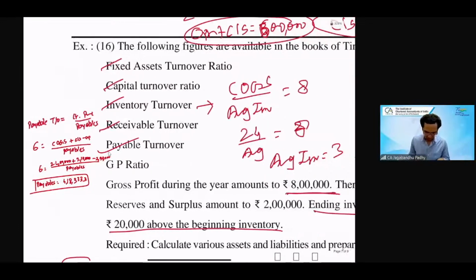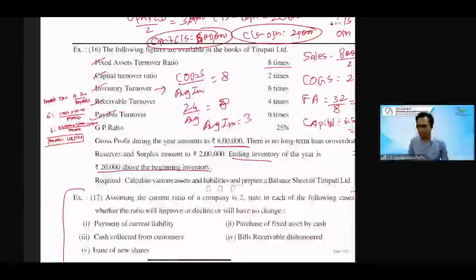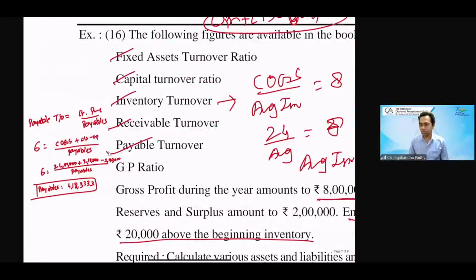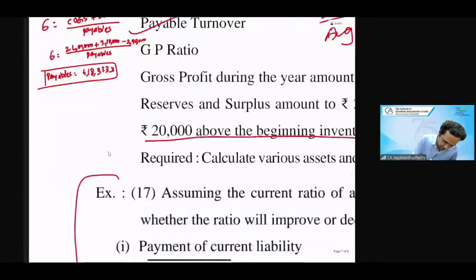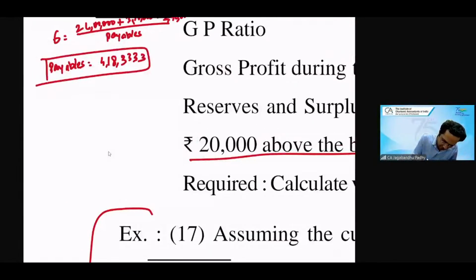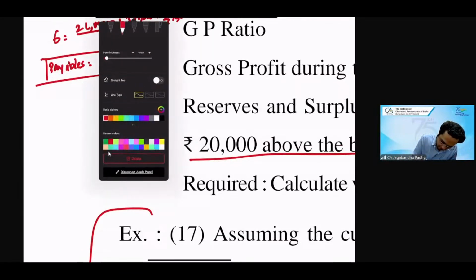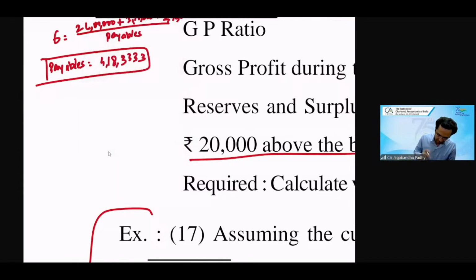We just need to draft the balance sheet now. Right, so we just need to simply draft the balance sheet. So let us draft the balance sheet quickly. Okay. So balance sheet.